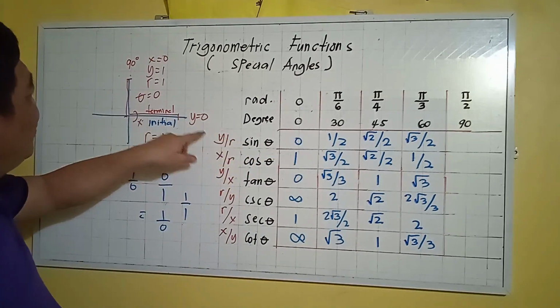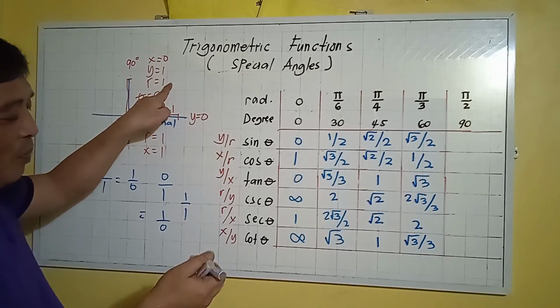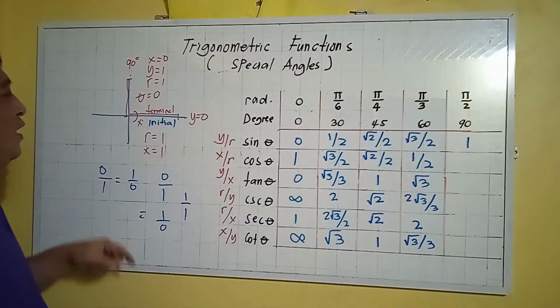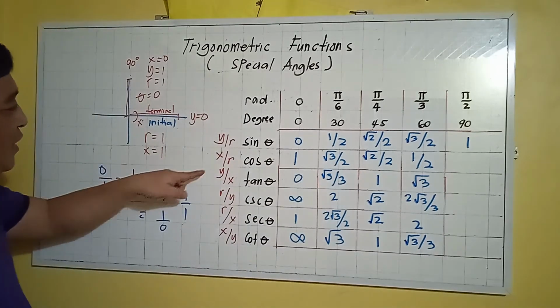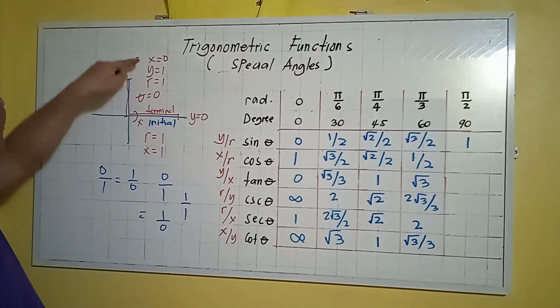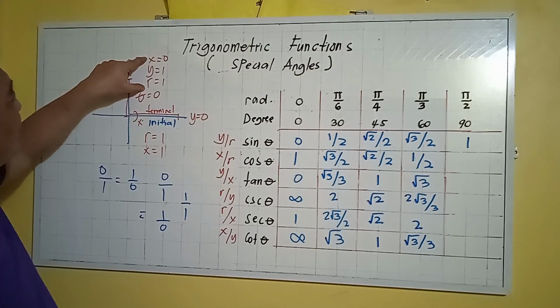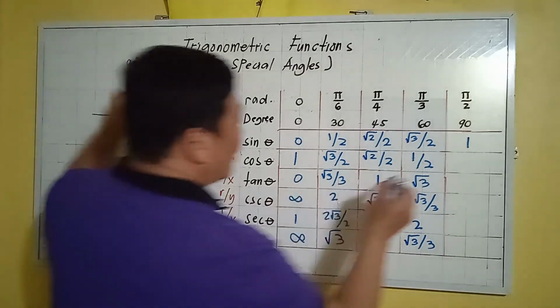Sine 90 degrees is y over r, that is equal to 1. So if it was 0 earlier, here it is 1. And then cosine 90 degrees is x over r, 0 over 1, and 0 divided by 1 is equal to 0.